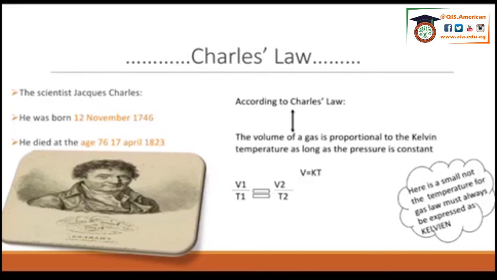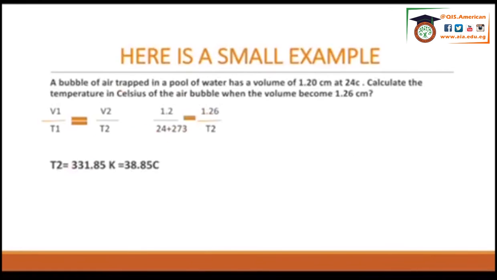Then we have a small example. A bubble of air trapped in a pool of water has a volume of 1.20 cm³ at 24 °C. Calculate the temperature in Celsius of the air bubble when the volume becomes 1.26 cm³.